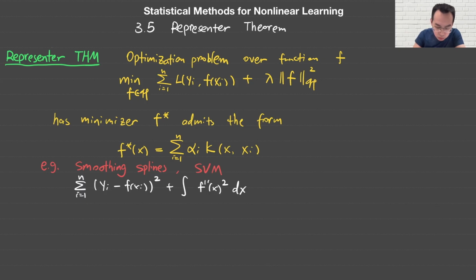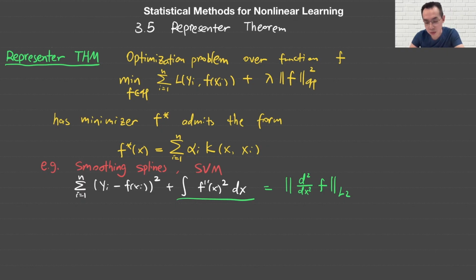So for this norm term, we can also write it out as the L2 norm of the second derivative. You can write it out as an operator acting on f, and then we have the L2 norm here.